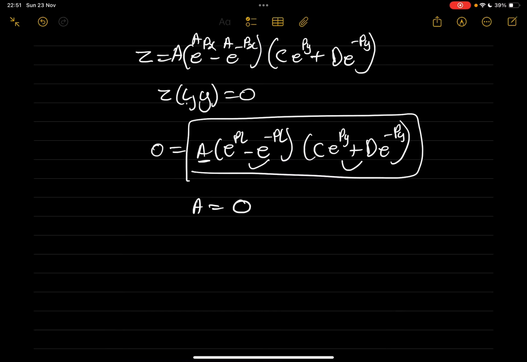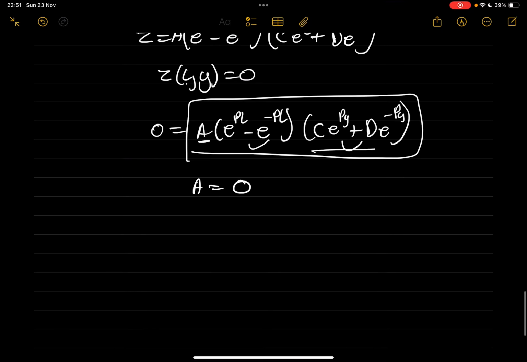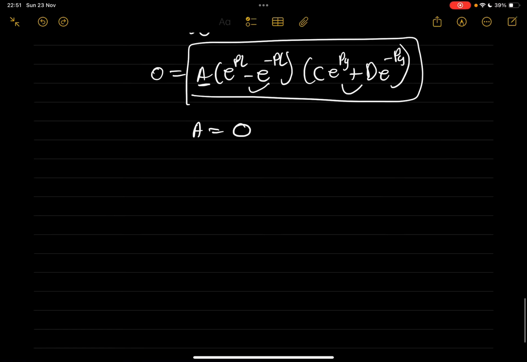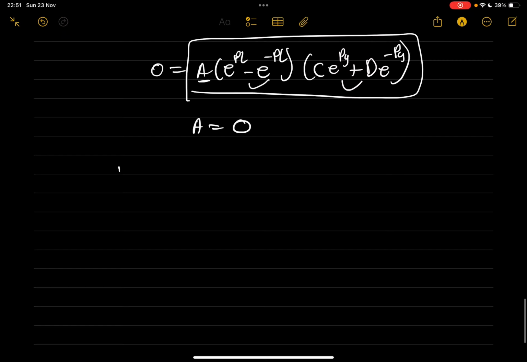For the first condition, we stated that this cannot be 0, and again here this cannot be 0 because of these exponential terms. So A is 0, and since A is equal to minus B, B is also 0. So A and B are zeros.